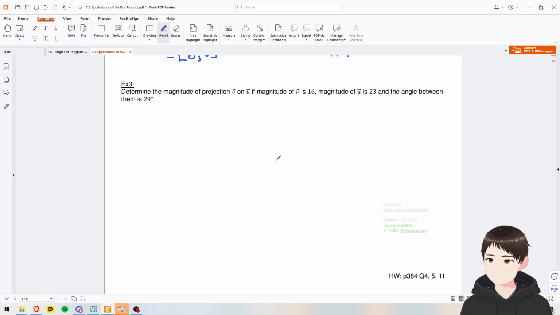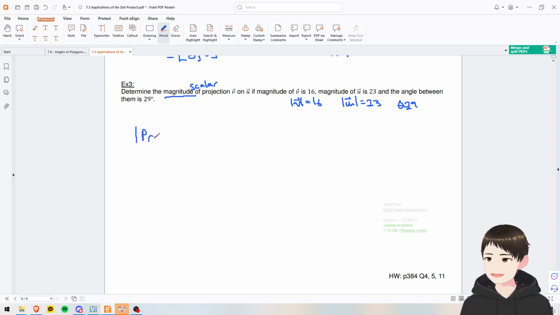Exercise 3. Determine the magnitude, aka scalar projection of v onto u, if the magnitude of v is 16, the magnitude of u is 23, the angle between them is 29. Well, that's simple enough.